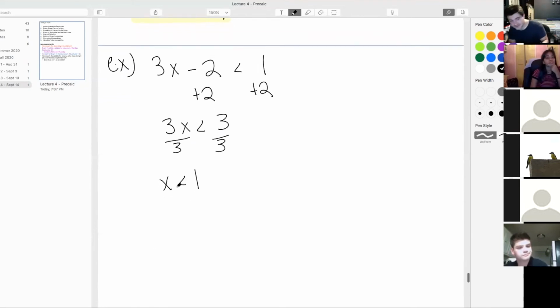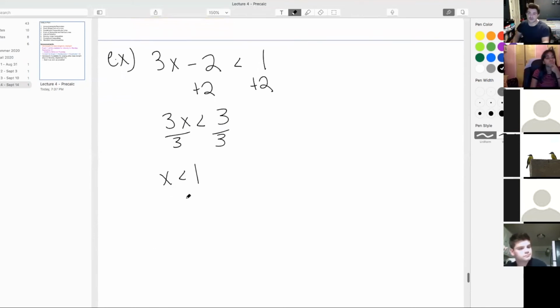Okay, so that is the answer, and I would like for you to express this solution in interval notation. The answer is all numbers strictly less than 1. So that will look like this: negative infinity, comma, 1. This is the solution set.